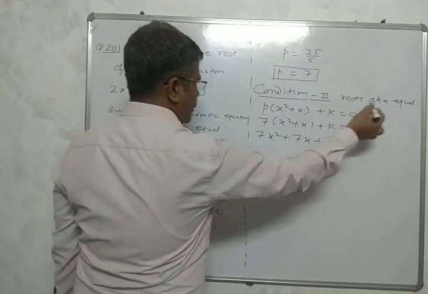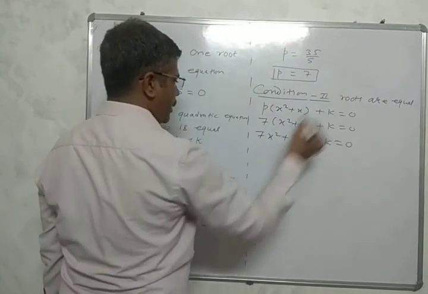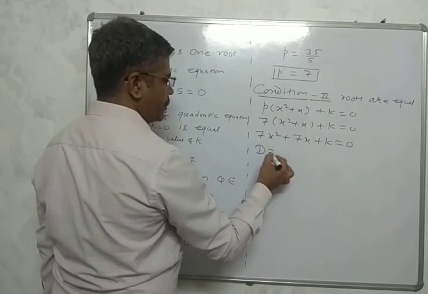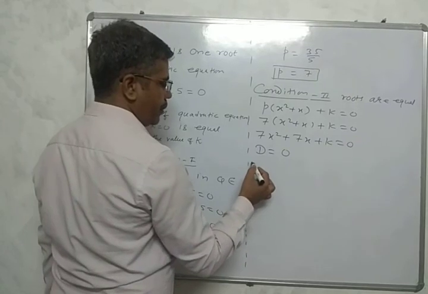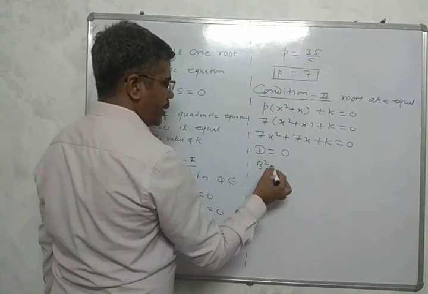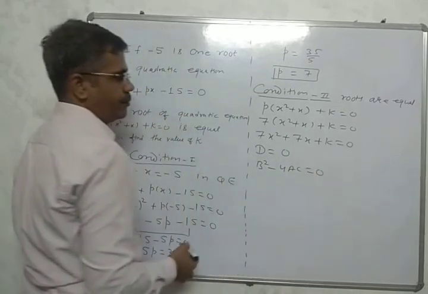Here given roots are equal, so the condition of roots being equal is D equals to 0, discriminant equals to 0. D is given by b square minus 4ac equals to 0.